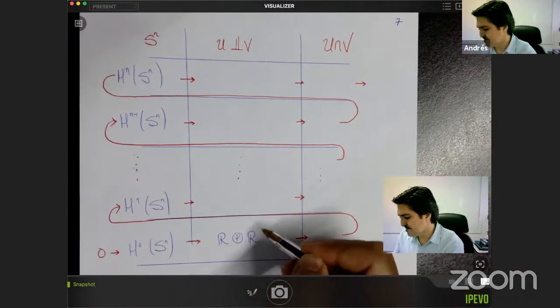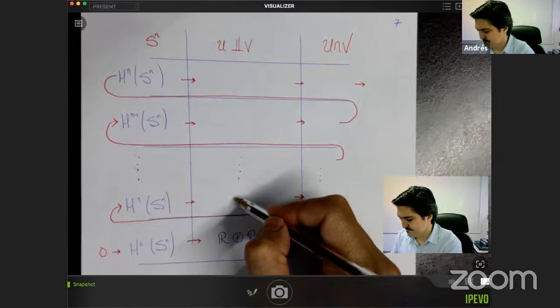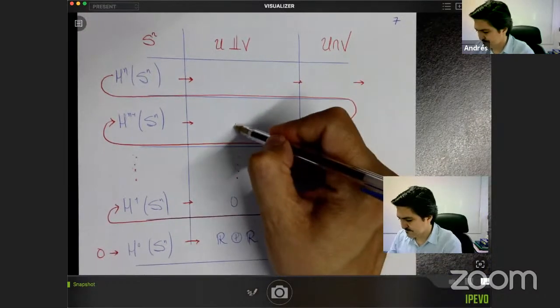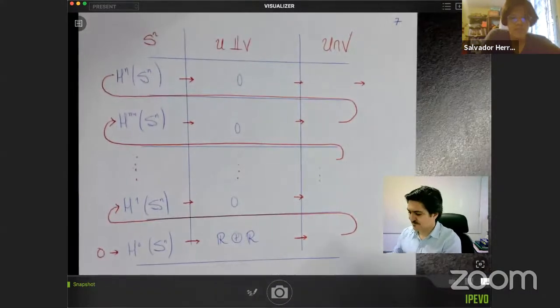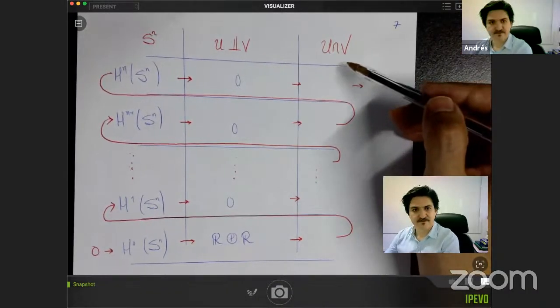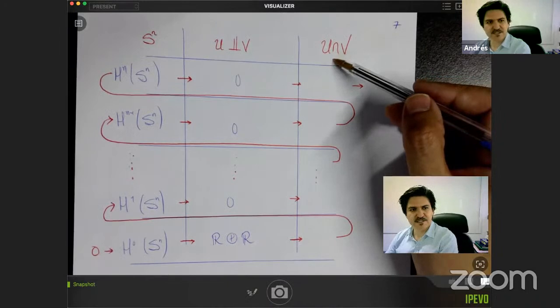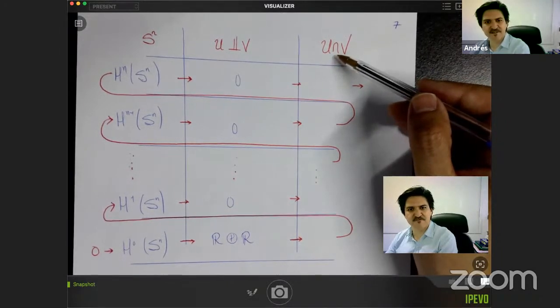And then? Zeros, right? What about here? This is the n minus 1 sphere.